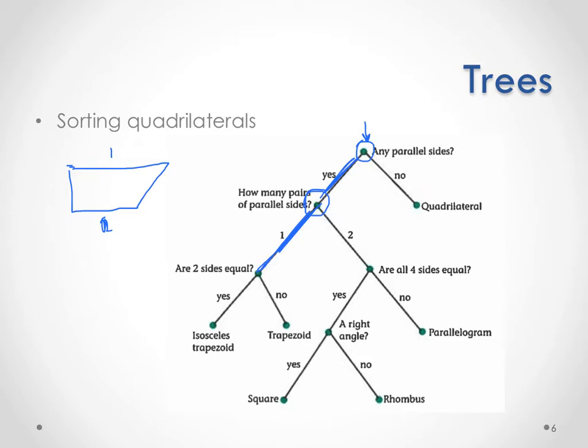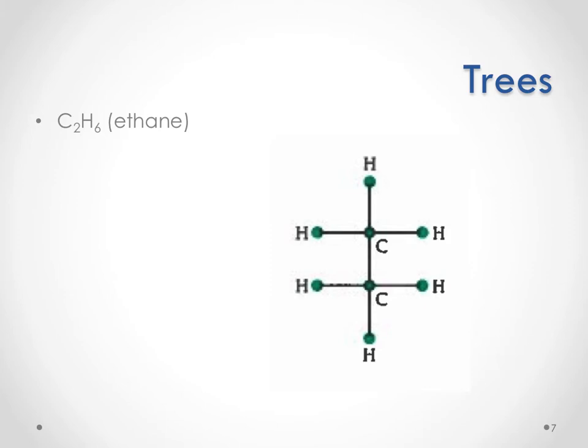There's only 1 pair. Are the 2 sides equal? No. Then we've reached the point of labeling our quadrilateral a trapezoid. So that's a decision tree. Each node has us make a decision, and based on the decision, we go down the link.